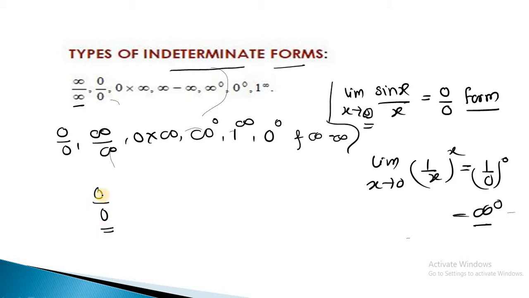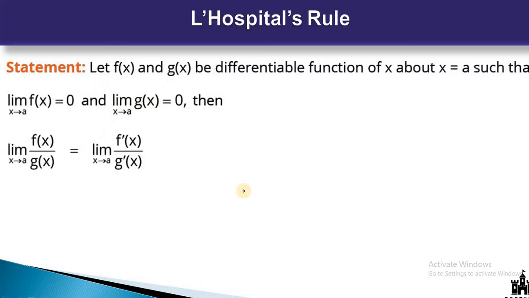If the indeterminate form is 0 by 0, then we can find its limit as a finite limit by using L'Hospital rule. And all the remaining types of limits we can rearrange into 0 by 0 form and find their value, which is also finite.